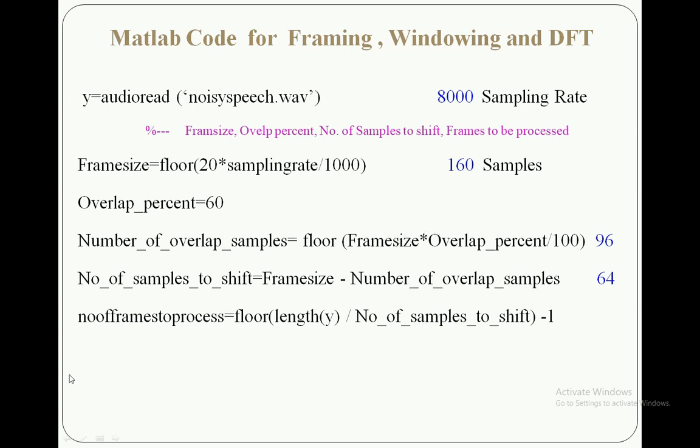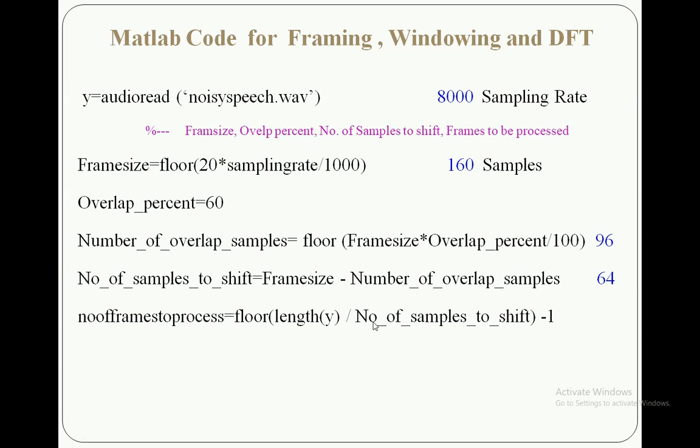Now we have to write that. You have to process each frame, so first you have to write how many frames we have. Suppose 16,000 samples are there, and I am making 160, 160, 160 like that. The number of frames we will get is the total length of the wave, 16,000, divided by the shift, that is 64.